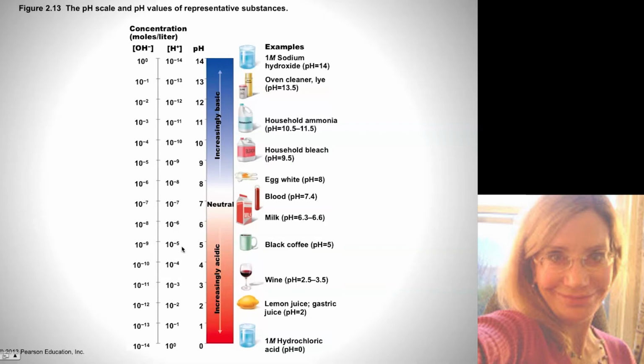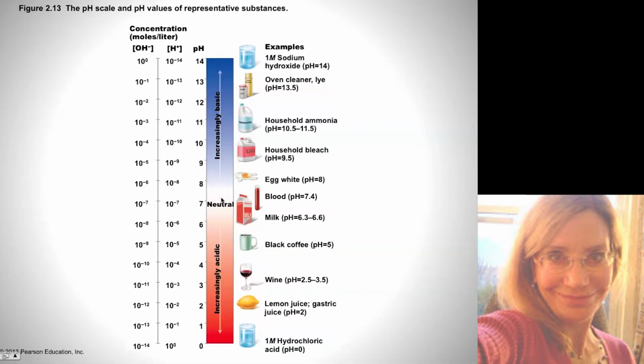So the number of hydrogen ions is increasing as we become more and more acidic. As you have fewer and fewer hydrogen ion, or in other words, more of the hydroxyl ion, you're getting a solution that's increasingly basic, and you can see that the number on the pH scale is increasing from greater than 7.